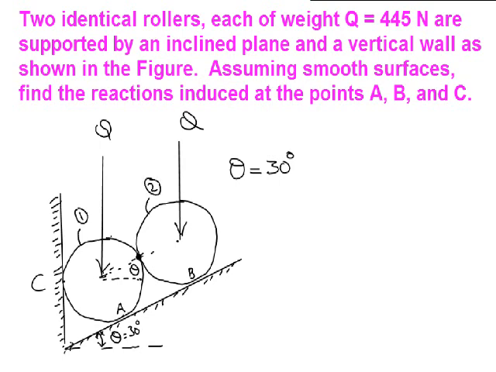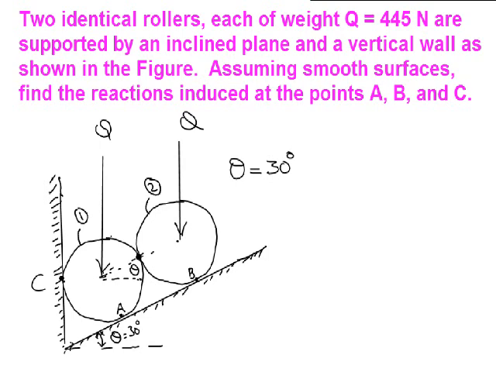These two are contained in a triangular trough formed by an inclined plane and a vertical plane. You have 3 points of contact, one at point A, another at point B, and another at point C.